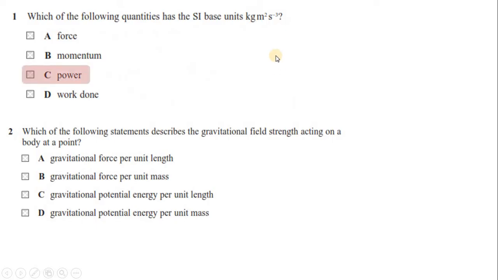Question number 2. Which of the following statements describe the gravitational field strength acting on a body at a point? Gravitational field strength. If you want to know the definition, you must know the formula for gravitational field strength. And the formula for gravitational field strength is g is equal to F upon m.